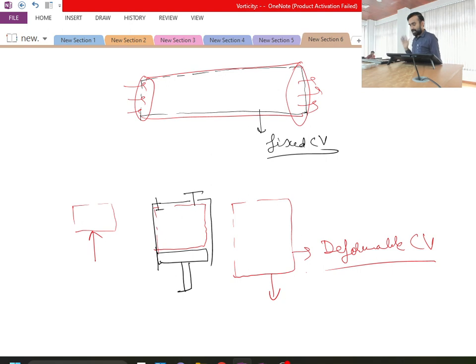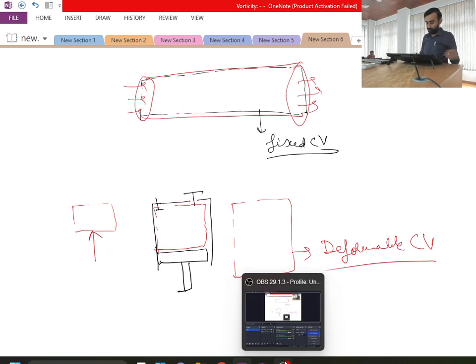For all these different control volume situations, we will consider them one by one and utilize the Reynolds transport theorem to convert properties from the system approach to the control volume approach. While doing this, we will consider four different types of control volume combinations. In the next lecture we will talk about the Reynolds transport theorem.